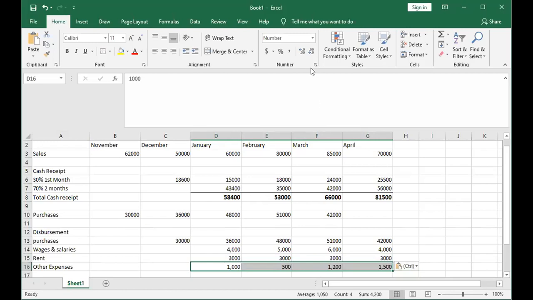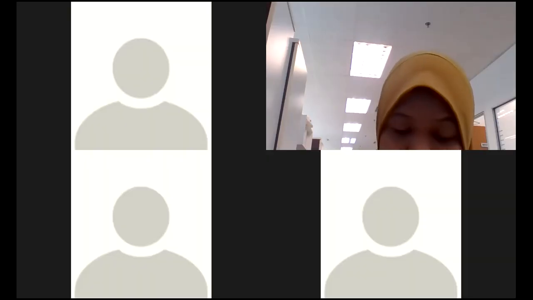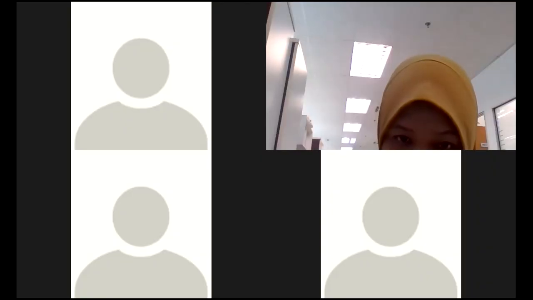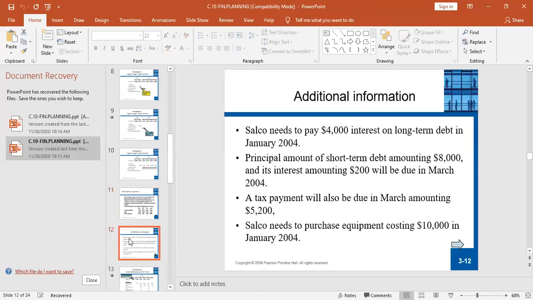Okay, so let us go back to the question, under the additional information. It tells you that Selco needs to pay 4,000 interest on long-term debt in January 2004.